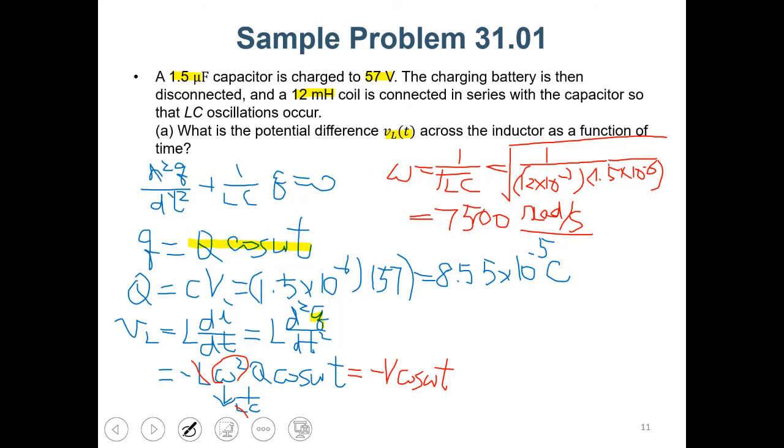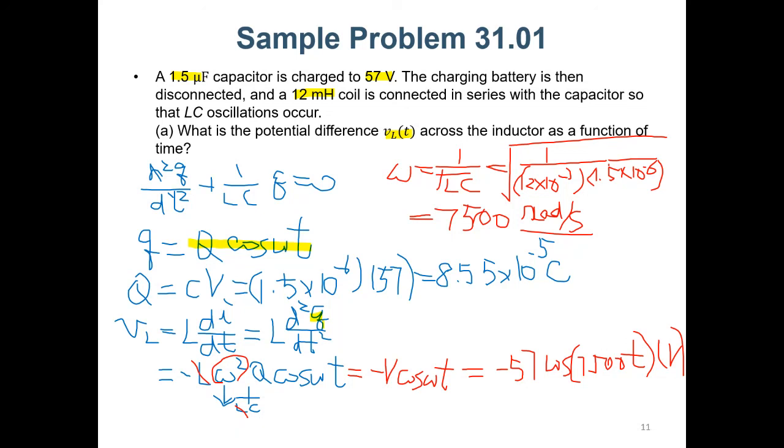So you should care about the unit. For angular frequency, the SI unit is radian per second. For frequency, the SI unit is hertz. So in this case, it is minus 57 cosine 7500 t in volts, something like this.